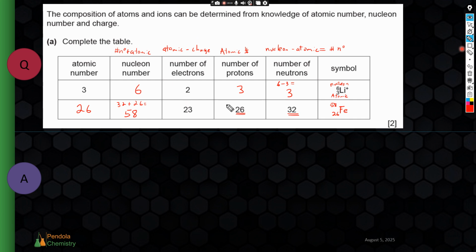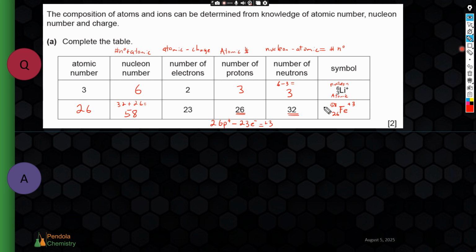If we subtract the number of electrons, which comes from the question itself, from the number of protons, we get 26 minus 23, which is a plus 3 charge.